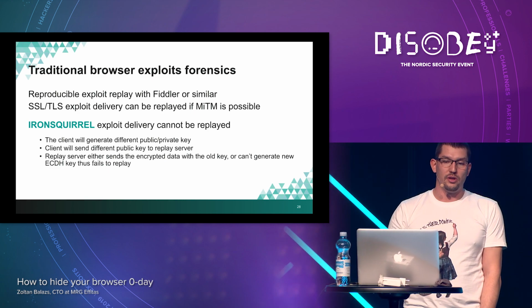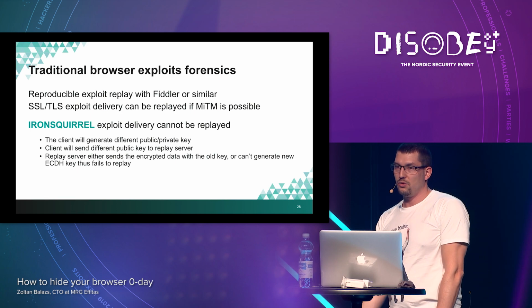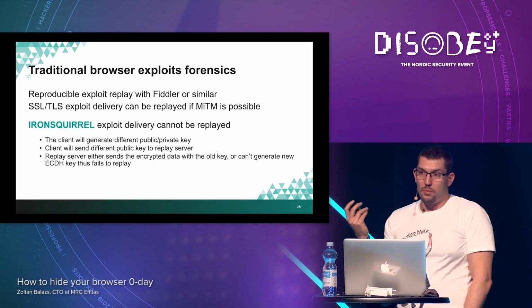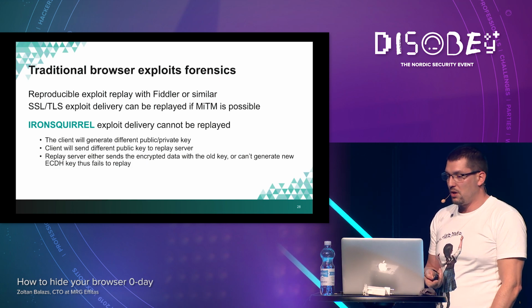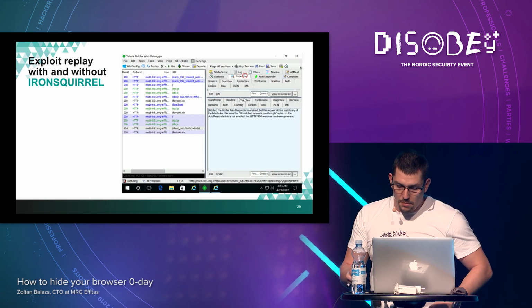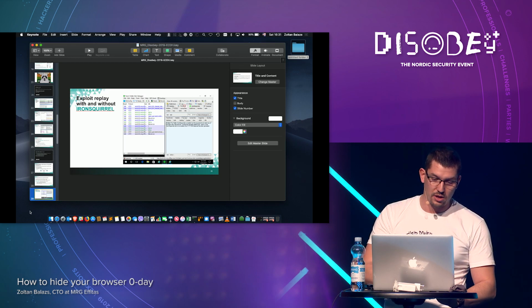So in this case, the replay server either sends the encrypted data back to the client, which it cannot decrypt, or it just stops the whole exploit replay, because from this point of view, there is nothing you can do. But again, let's see this in action, how this exploit replay really works.